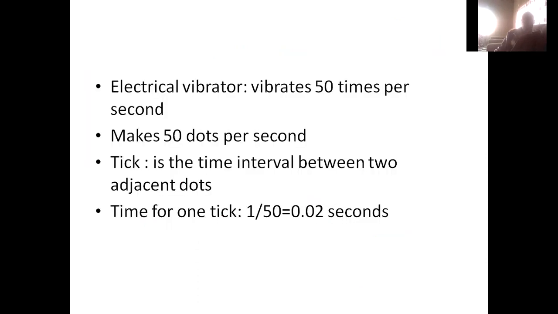As we indicated, the electric vibrator will vibrate 50 times in each second, and 50 dots are therefore made in each second.